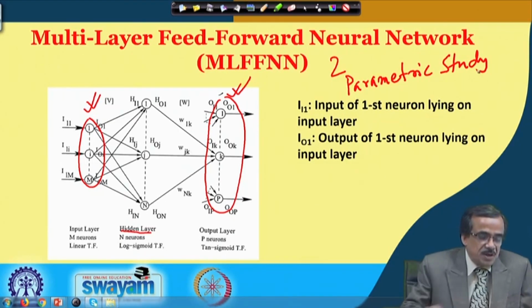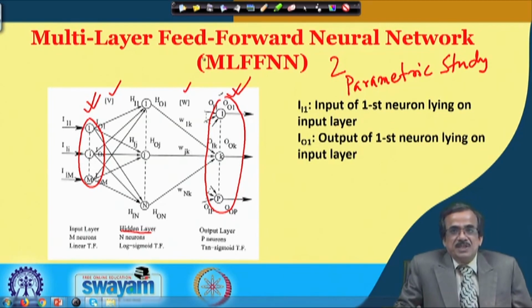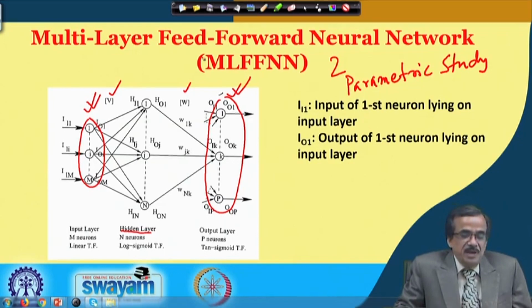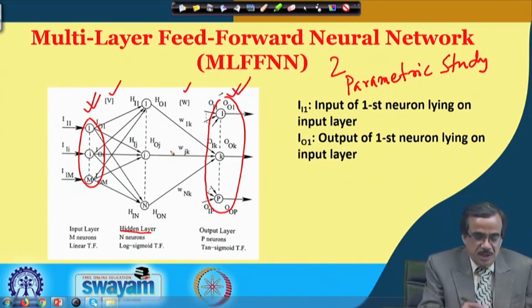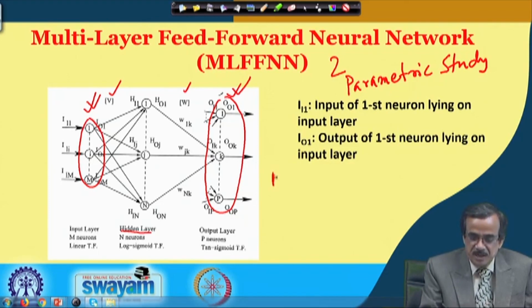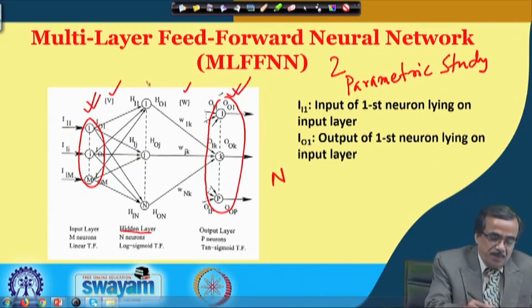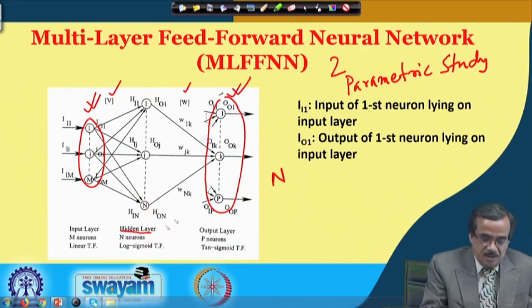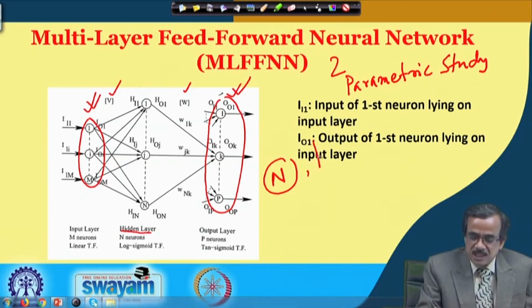Of course, it depends on the connecting weights, that is V and W. Besides these V and W matrices, the performance of this network depends on the number of neurons which we are going to put in the hidden layer, that is denoted by capital N, and it depends on the bias value.